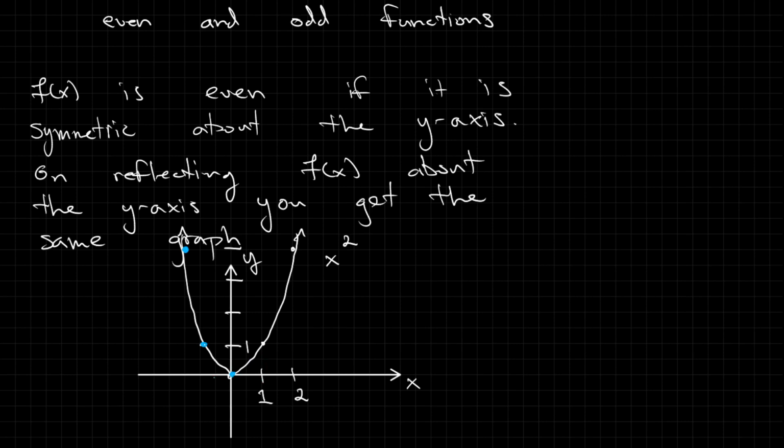And then if you reflect -1, 1, you get 1, 1, and etc. And what you have is the exact same graph as before. Okay, so a function is even if it is symmetric about the y-axis. That is, if you reflect it about the y-axis, you get the same graph.